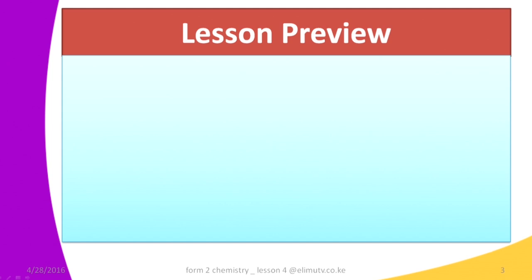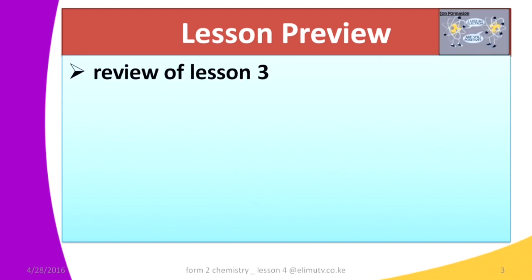Now, our lesson preview is as follows. We are going to review lesson 3, where we looked at the periodic table, and also periods and groups. We defined group as the number of electrons that occupy the outermost energy level in any given atom of an element.